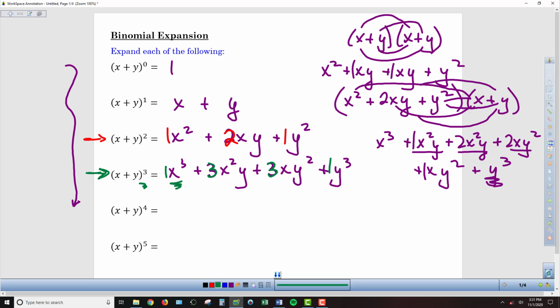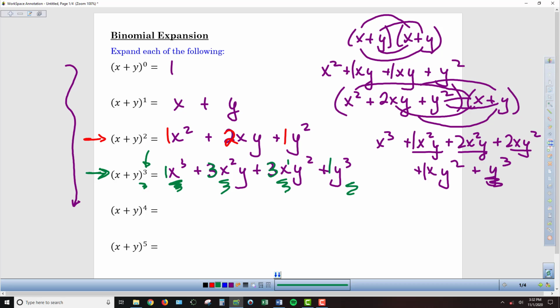So x plus y cubed, the first term is x cubed. Then the x's just go down by one exponent in each successive term. So I start with x cubed, matching the 3 that I have here. Then I have an x squared term. Then I have x to the first. Remember there's a 1 there even though we don't write it. And then the last term is missing the x entirely.